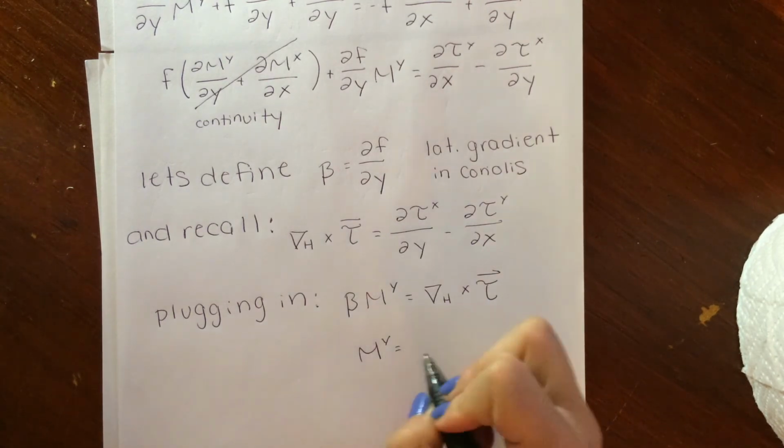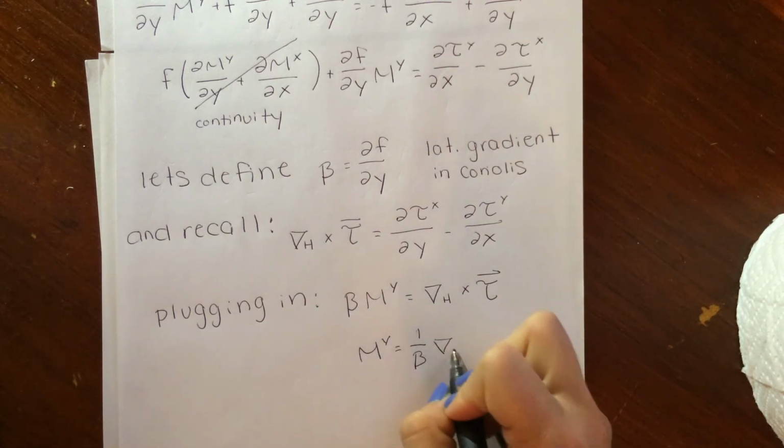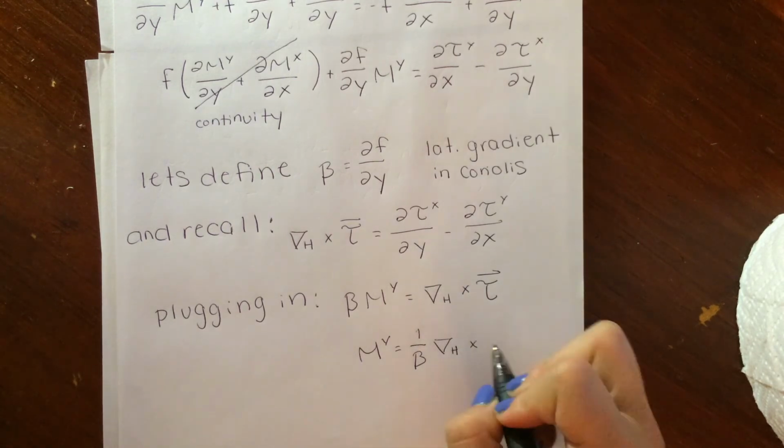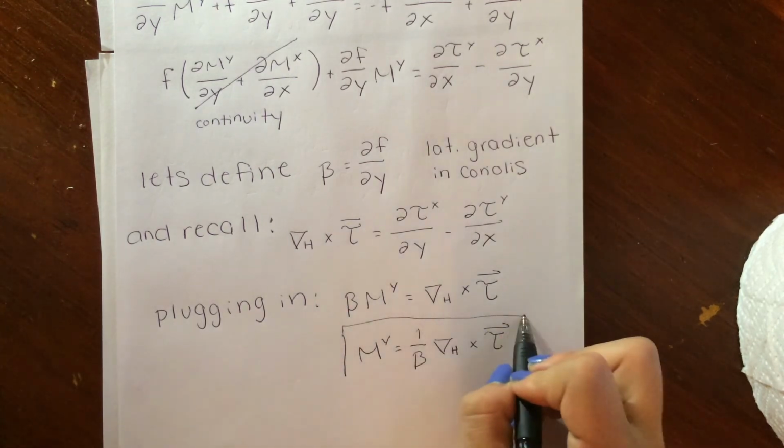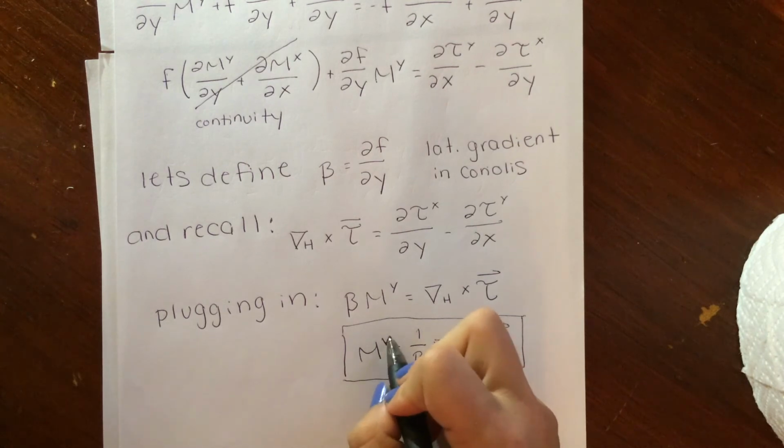By moving beta over to the right-hand side, we are left with our equation for Sverdrup transport, which is the vorticity balance between wind stress curl and meridional gradient of Coriolis parameter.